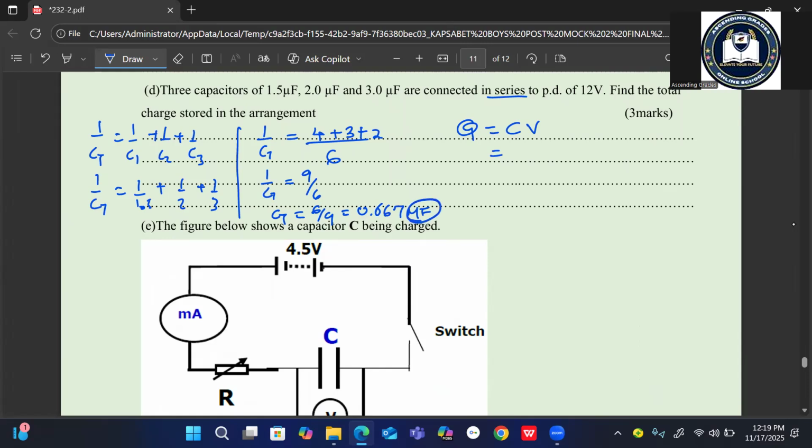And we must use SI units, so 0.667 multiplied by 10 raised to power negative 6, then multiplied by 12. So that you get 8.004 microcoulombs.